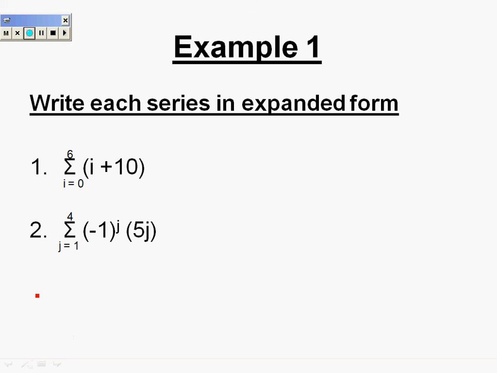Let's do T1 first. So that means I'm going to plug 1 in 2 spots, here and there. So that gives me -1 to the 1 power multiplied by 5 times 1. All right, well, what's -1 to the first power? It's -1. And 5 times 1 is 5. And so -1 times 5 is -5. So there's your first term, right?